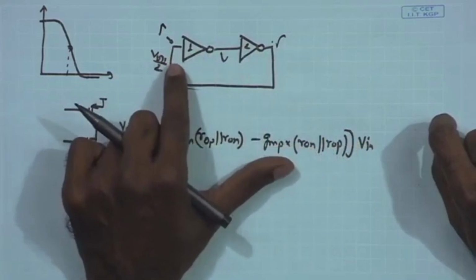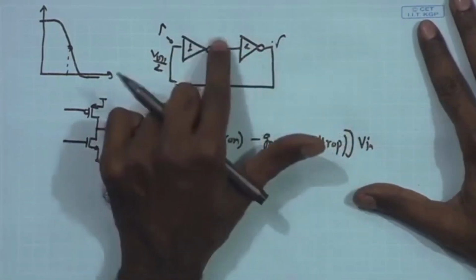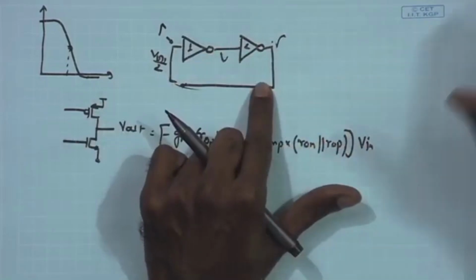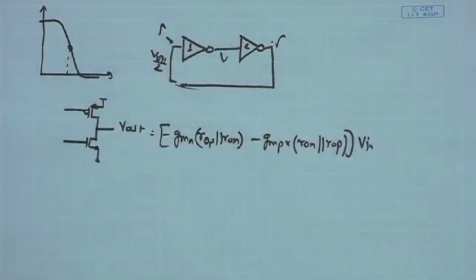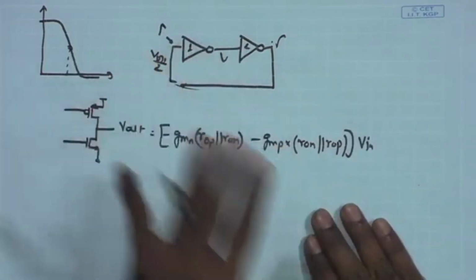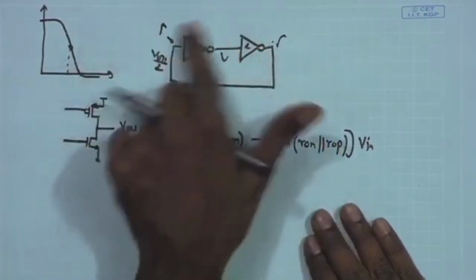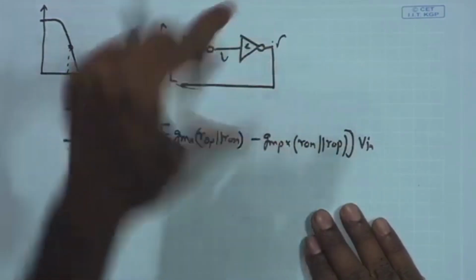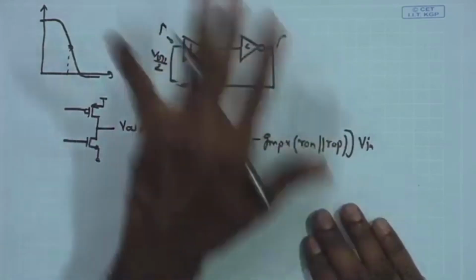As a result, the inverter is latching up to 1 or 0 at omega equal to 0, that means DC, it is not changing. That is consistent with our discussion on oscillation and stability: 360 degree phase shift being reached at omega equal to 0 and the inverter latching up at DC, one of them getting stuck to 0, another getting stuck to 1, and therefore storing this data indefinitely.